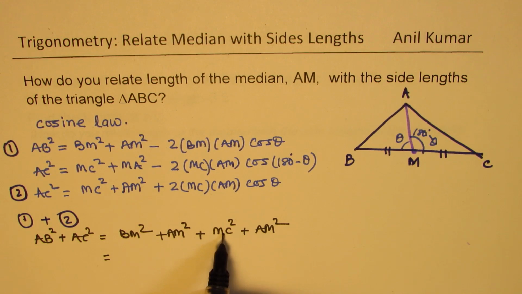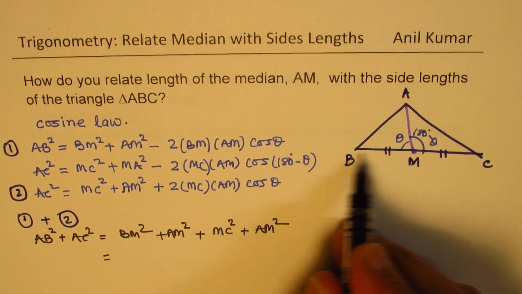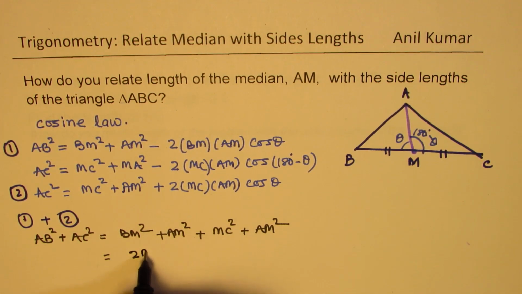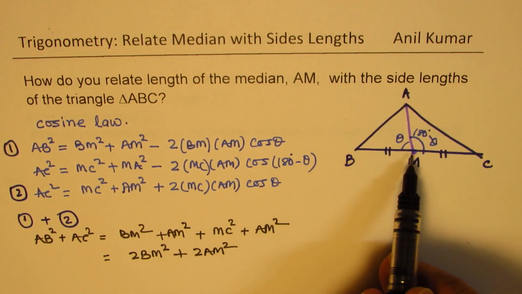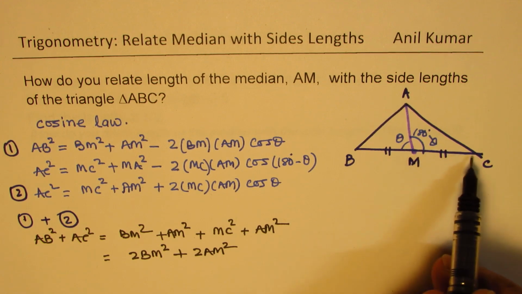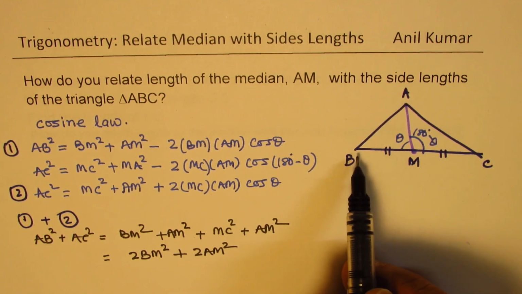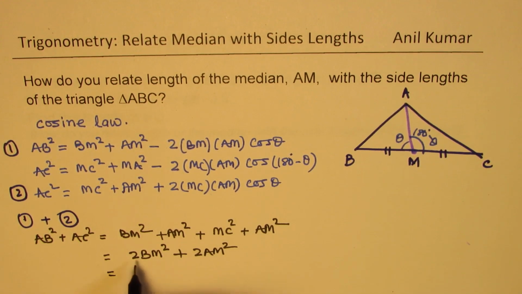BM and MC are equal. So we get 2 of BM square plus 2 of AM square. Now BM and MC are equal, so their sum is actually BC. So twice BM square.